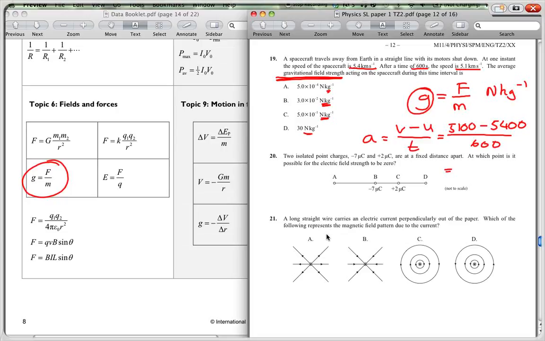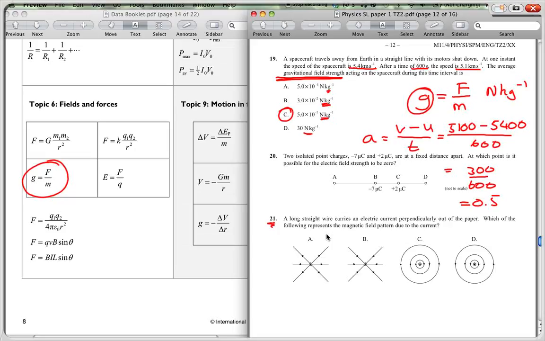So we're getting 300 divided by 600, so we're getting 0.5. And when I look at this, I see here I get a 5 times 10 to the negative 1, which is 0.5. So we have got C.